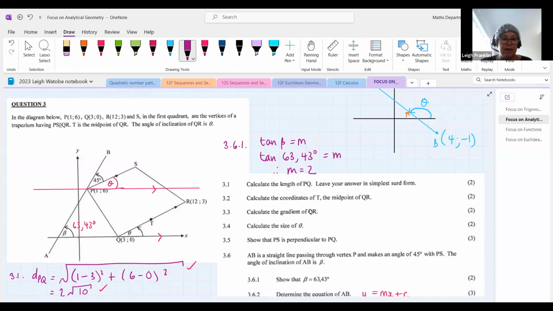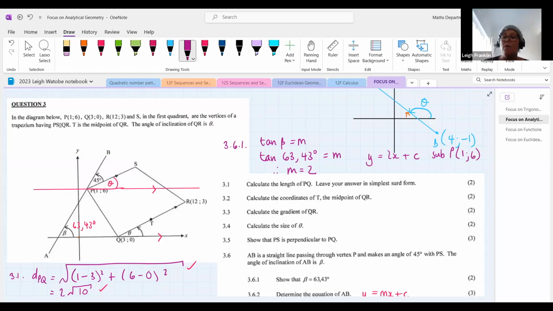So we're using tan beta equals m to get the gradient of AB because there's no other way to calculate it. We don't have any coordinates of A or B that we can use. Now we can say that y equals 2x plus c, and we can sub in point P like you were saying, Teddy.